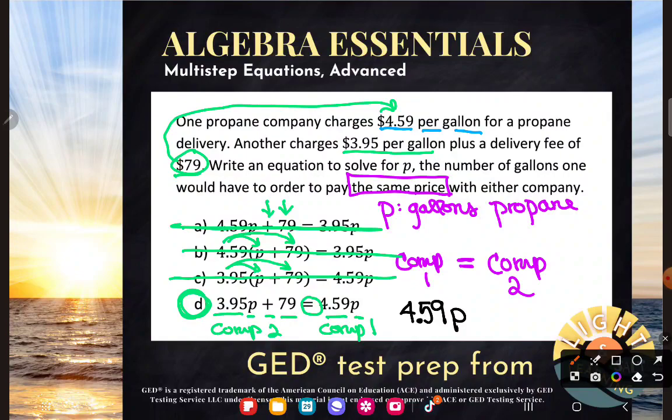All right, you guys. So this is how it always is on the GED. It's multiple choice when you write equations or inequalities or expressions. And I like that because it gives us a jumping off point to college. You know how it can be easier to understand a foreign language sometimes than to speak it yourself.